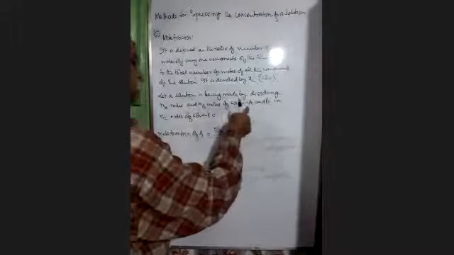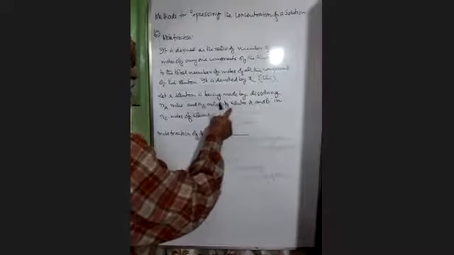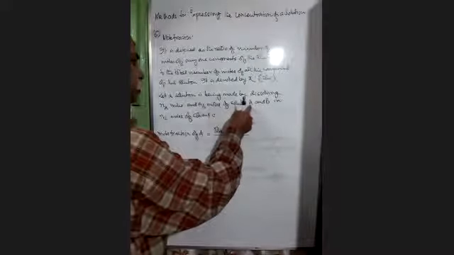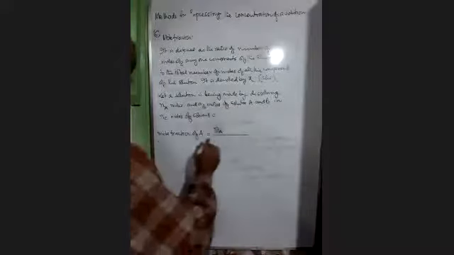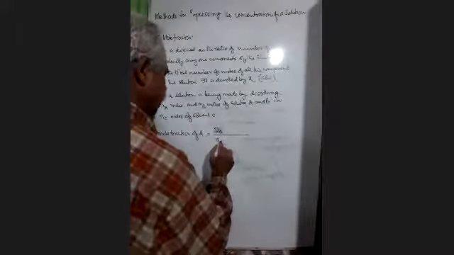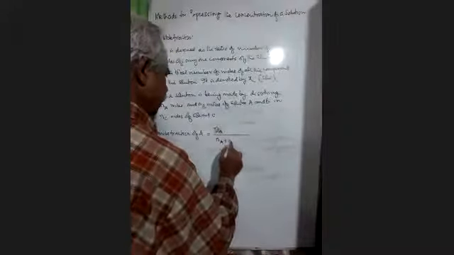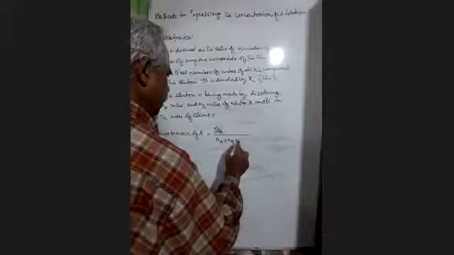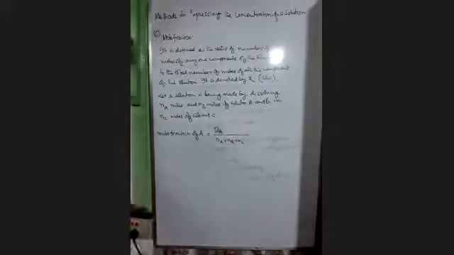See, the solution is made of solvent C, and we have added solute A and B. So, total number of moles is what? NA, NB, NC. Oh, sorry. Very sorry.